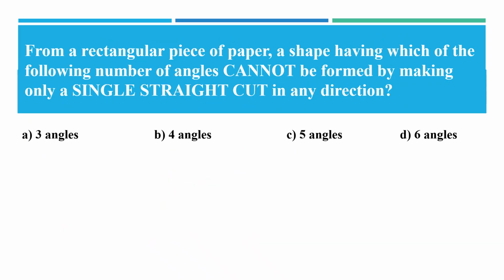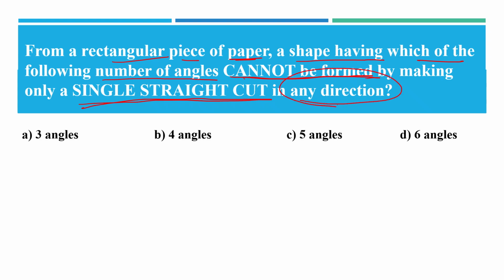Okay, the next question is, from a rectangular piece of paper, a shape having which of the following number of angles cannot be formed by making a single straight cut? Come again. Making only a single straight cut in any direction.